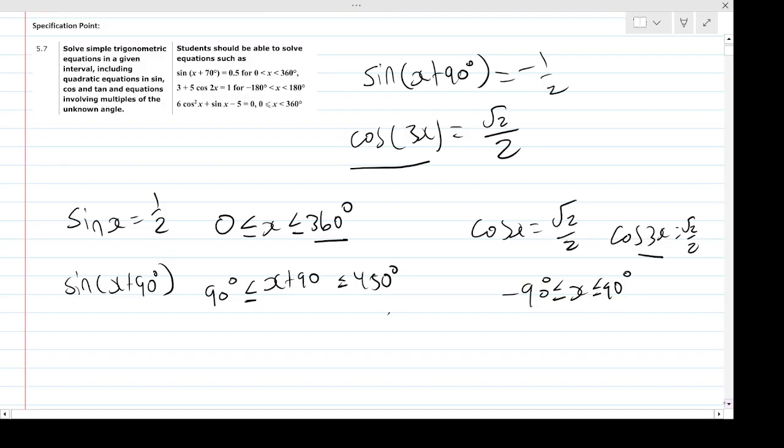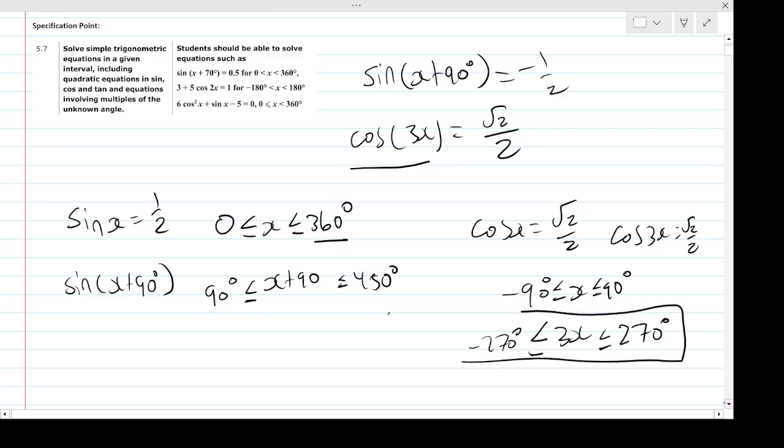To compensate for now having 3x, we again need to match that. So instead of x, we need 3x, and that means we need to multiply everything by 3. Minus 90 times 3 is minus 270, and 90 times 3 is positive 270. That is our new interval we need to find our answers in.